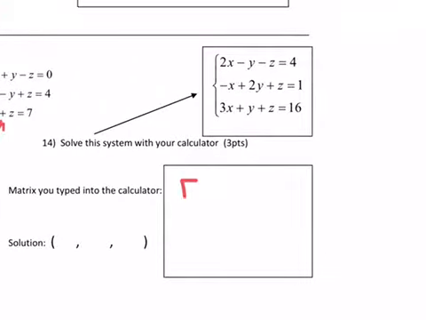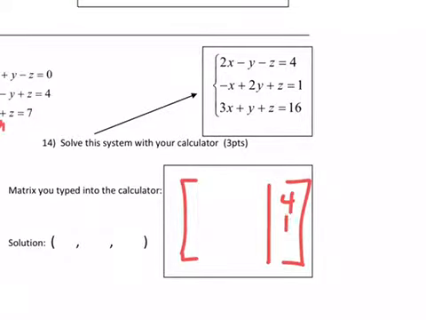All right, this one here, same concept. I'm going to get our matrix. I'm going to write in our equals line. I got a 4, 1, 16. Writing out the coefficients, 2, negative 1, negative 1. Negative 1, 2, 1. 3, 1, 1.